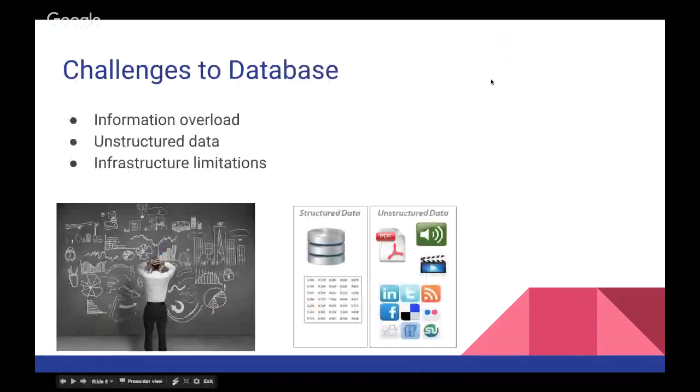Challenges to database. Like I said, information overload. The problem with that is you have too much data. You're not really sure what to make of it, and it means nothing if you can't put some structure to it. Unstructured data would be an example of PDF, sound, movie, Facebook, social media, any type of that stuff.